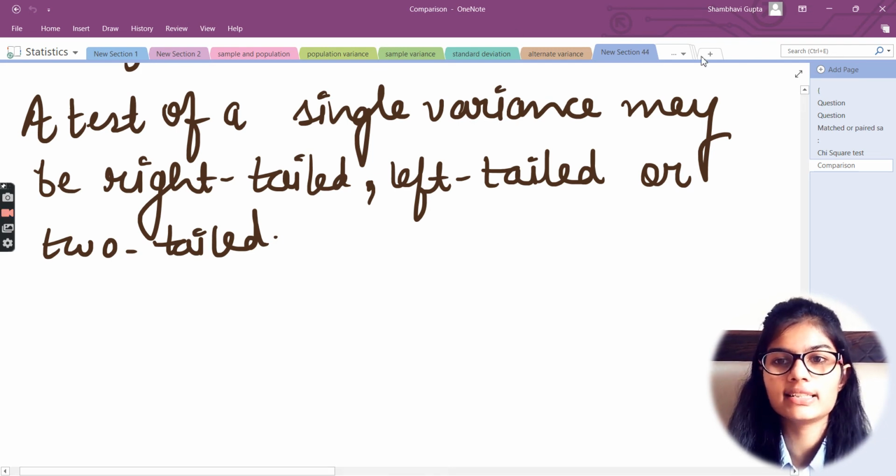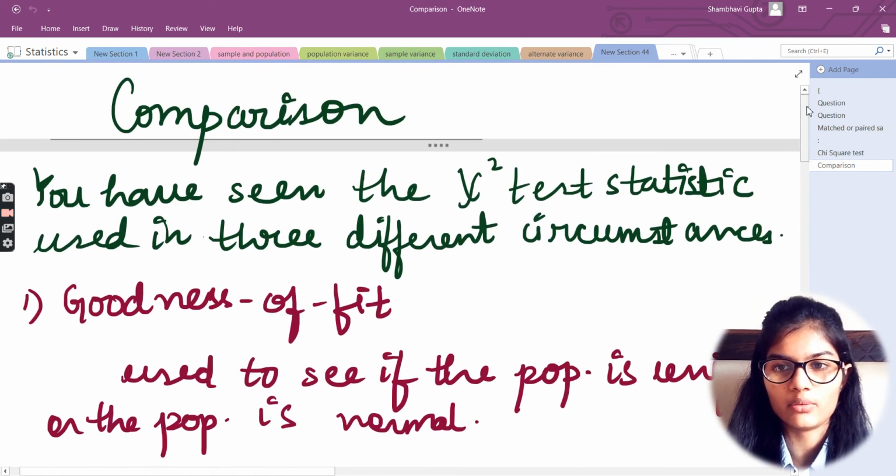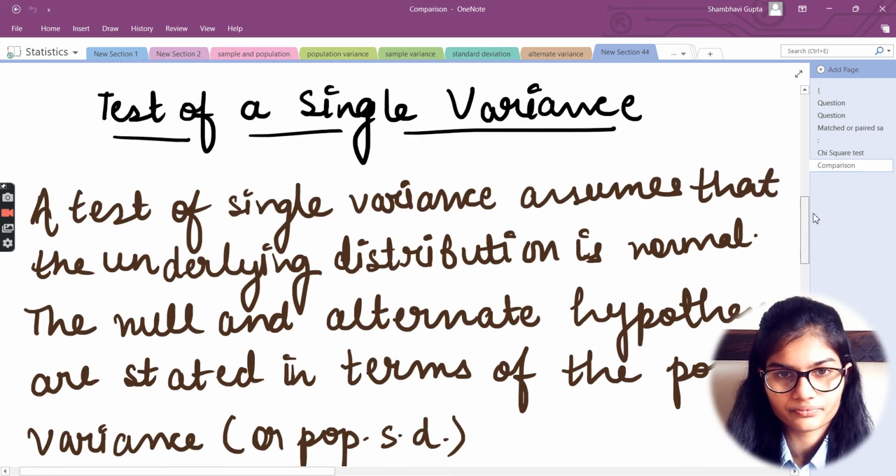So in the single variance test, these three conditions apply.